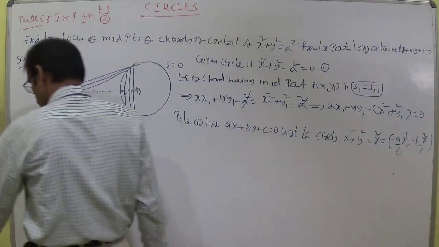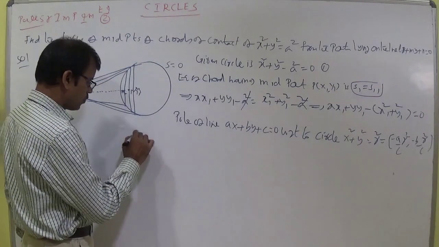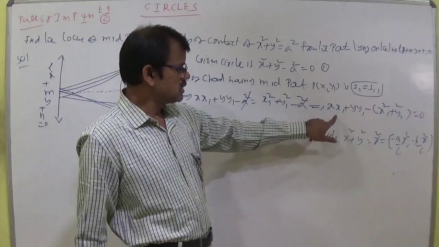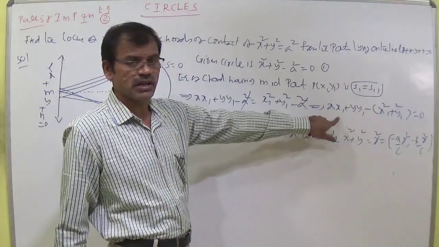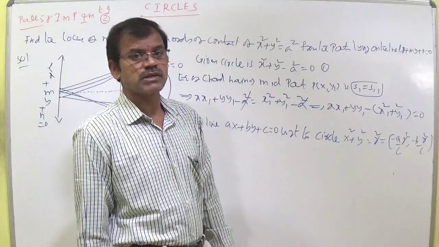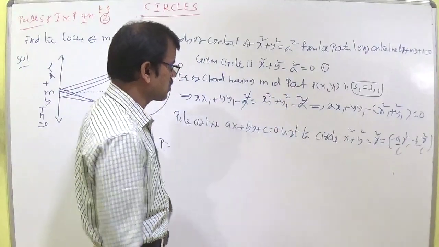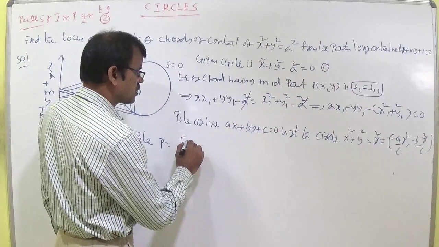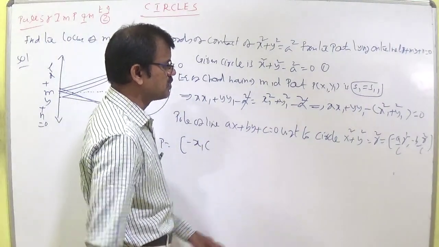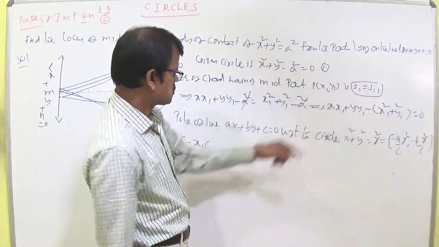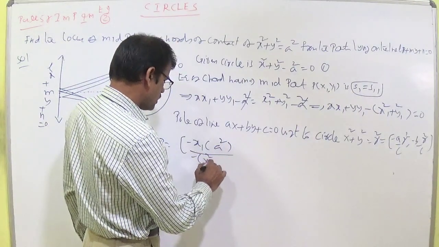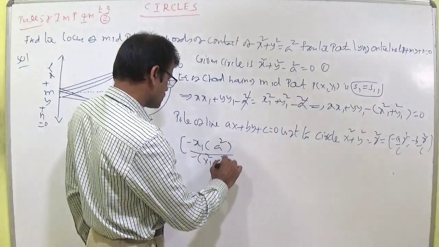Using that formula, you can write the pole P is equal to, here a means x1, b means y1, c means minus of x1 square plus y1 square, and r square means a square. So now you can write minus x1 into what is r square? a square by minus of x1 square plus y1 square.